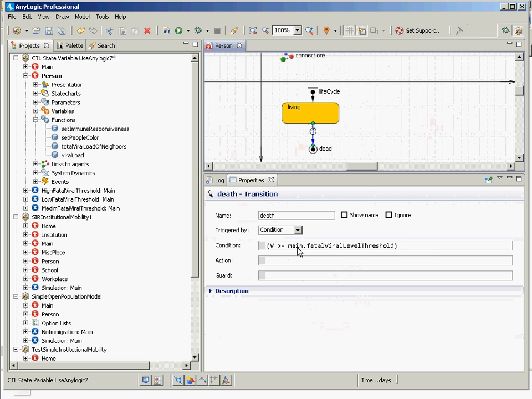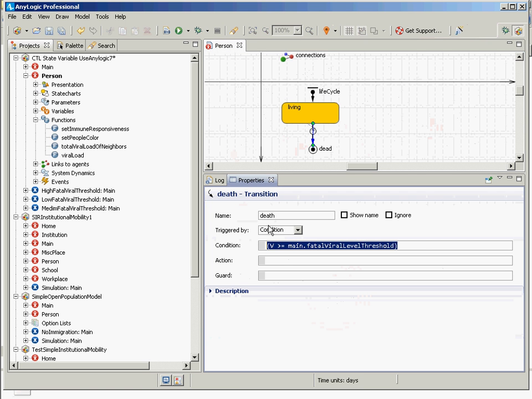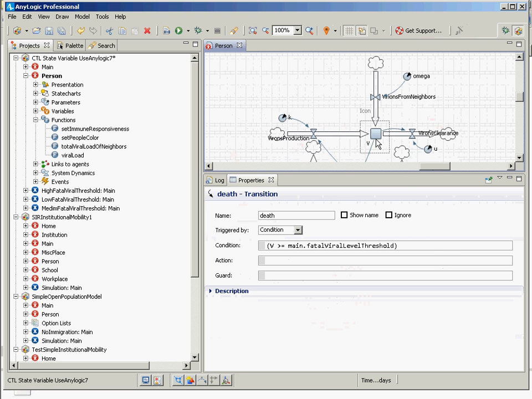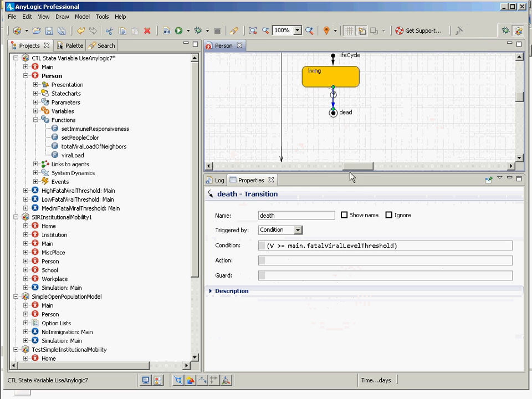What that says is if the viral load within that person, this V stock, which is one of these stocks over here, exceeds a given threshold, then they die. So if their viral load goes too high, they die.